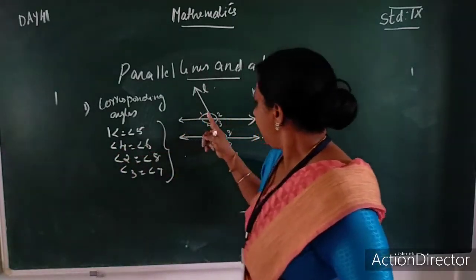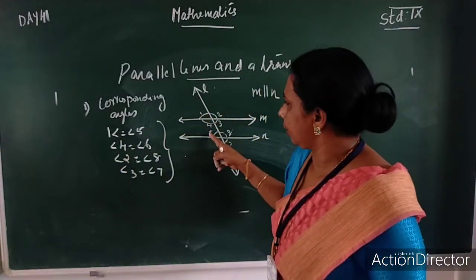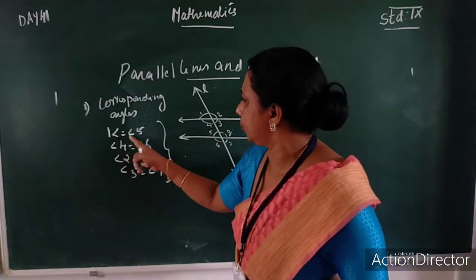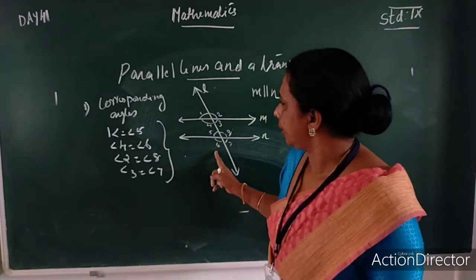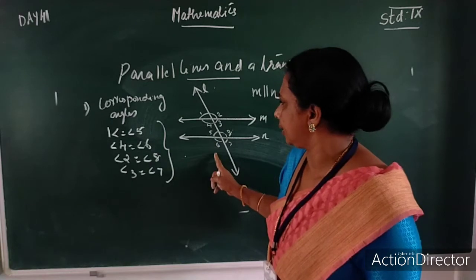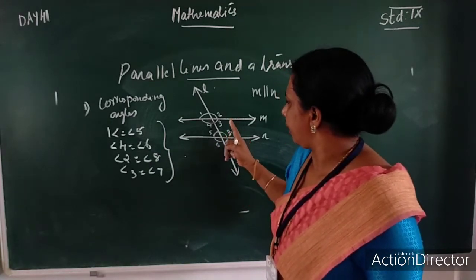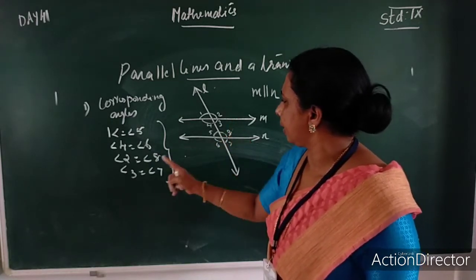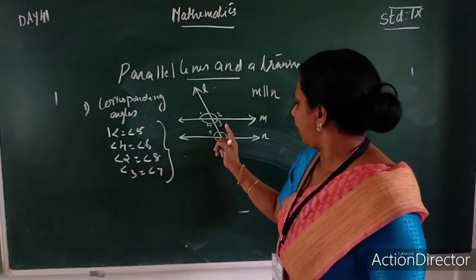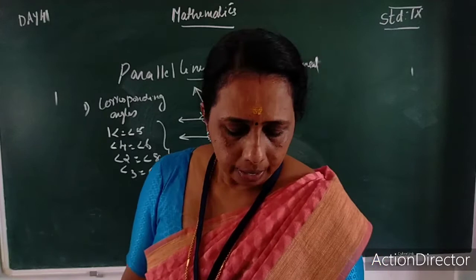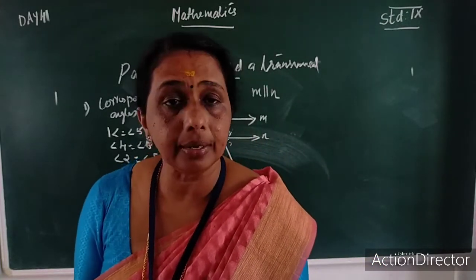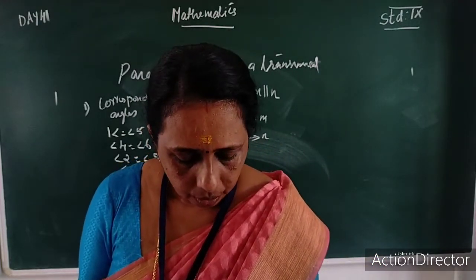Here angle 1 and angle 5 are corresponding angles. Angle 1 is equal to angle 5. This side, angle 4 and angle 6 are corresponding angles. That is angle 4 is equal to angle 6. Here angle 2 and angle 8 are corresponding angles. Angle 2 is equal to angle 8 and angle 3 is equal to angle 7. That is called the corresponding angles axiom.